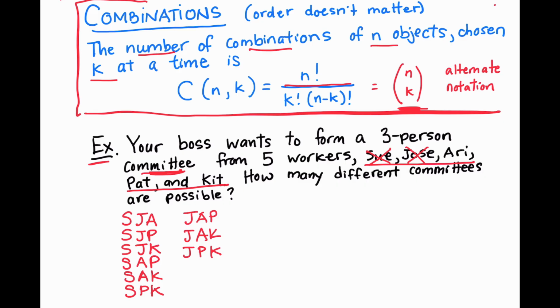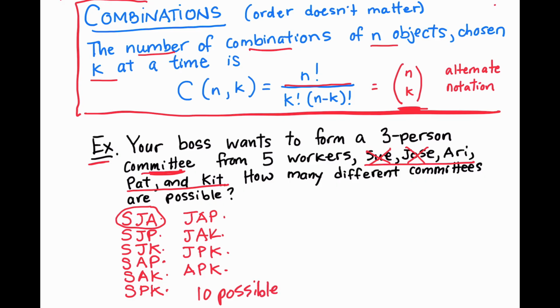The only other committee left is Ari, Pat, and Kit. So that gives me 1, 2, 3, 4, 5, 6, 7, 8, 9, 10 different committees. And notice that I don't care about order. SJA is the same as SAJ. So there are 10 possible 3-person committees.